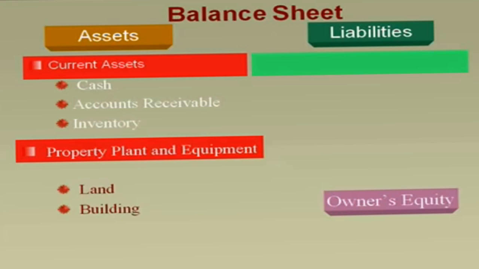Let's look at liabilities. The liabilities are broken down into two categories: short-term or current liabilities. Can you give me examples of current liabilities? Take your time and think about it for a minute. We have done some of these before.